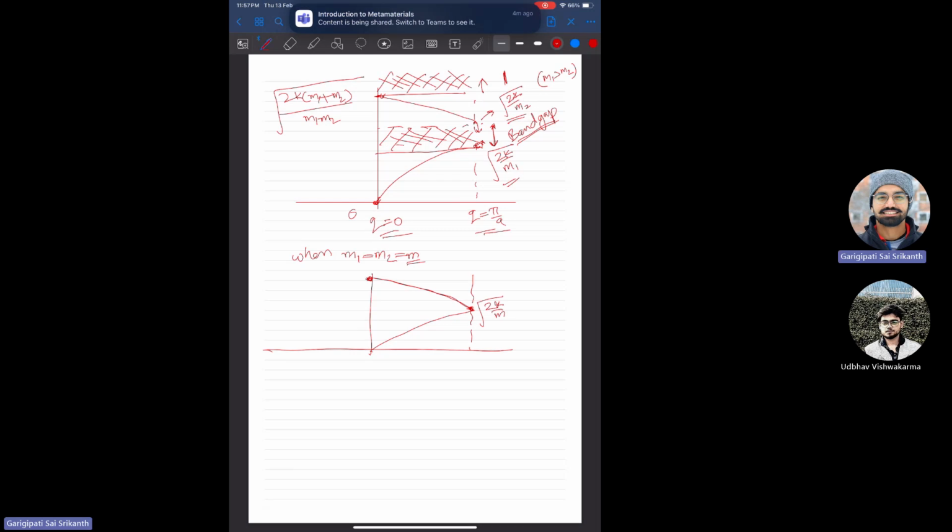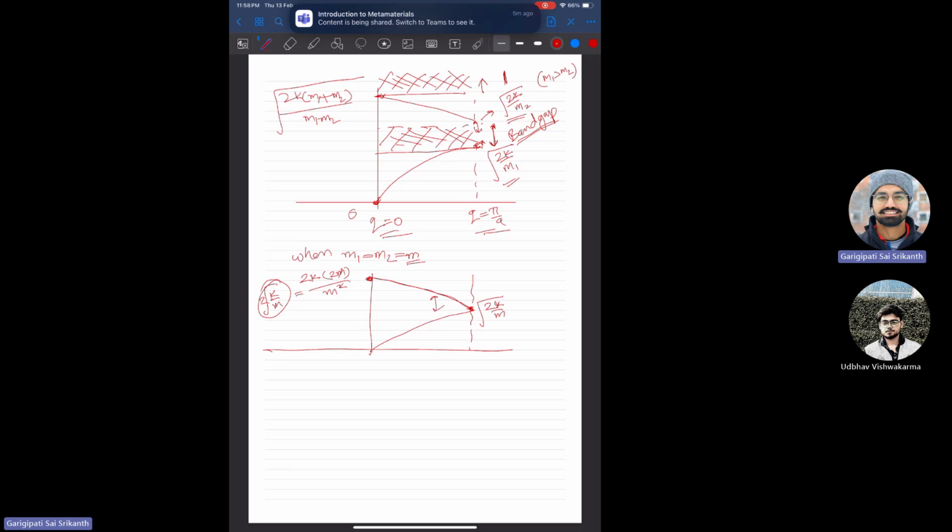If you substitute M1 is equal to M2, you'll get 2k times 2M by M square. So this is nothing but 2 root k by M. This is the same cutoff frequency that we observed in the monomer case, because this is the monomer chain.